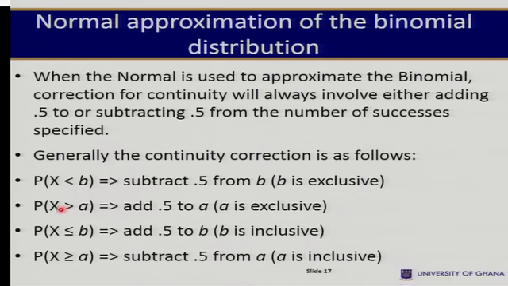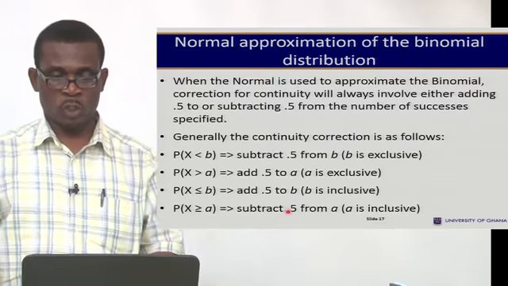And when you say probability of greater than, you add 0.5, because the point a is exclusive. Probability of x less than or equal to b, you have to add 0.5. But if it says probability of x is greater than or equal to a, you subtract 0.5, as we just did. So this is how you deal with the correction for continuity.